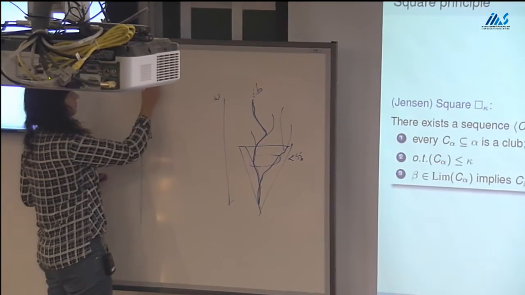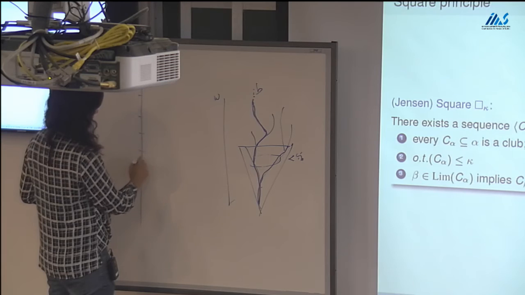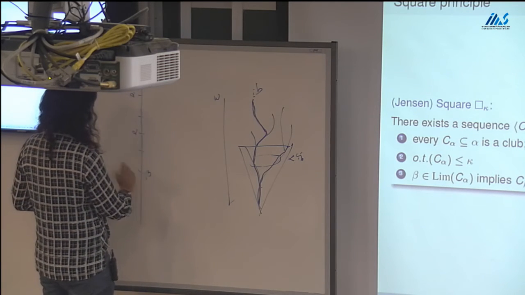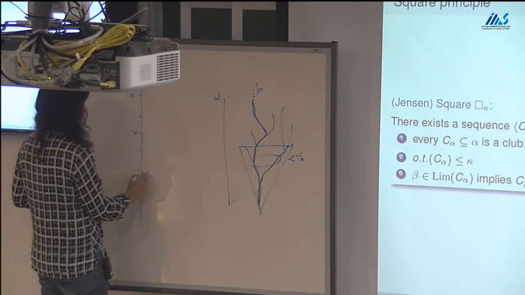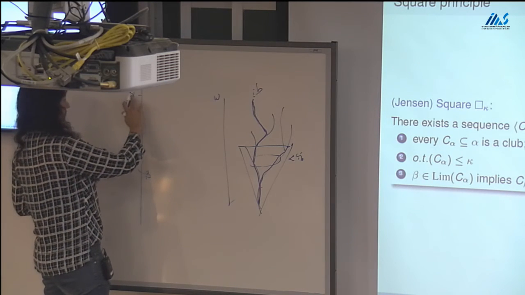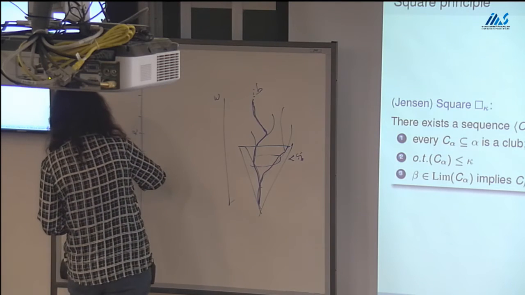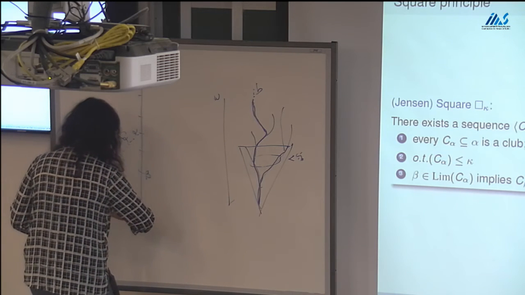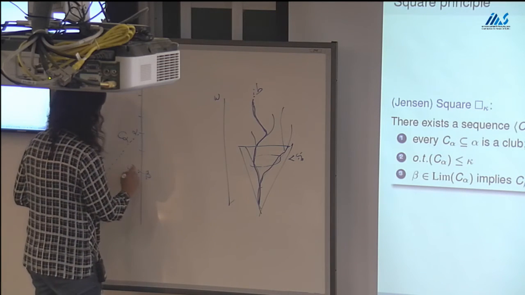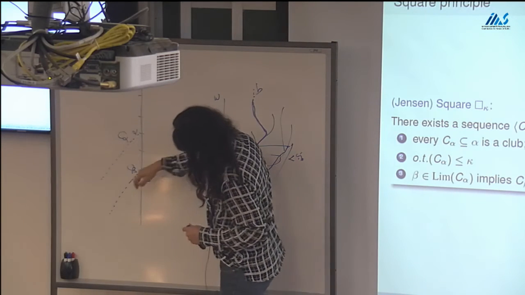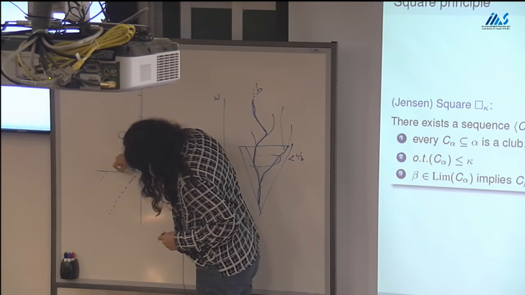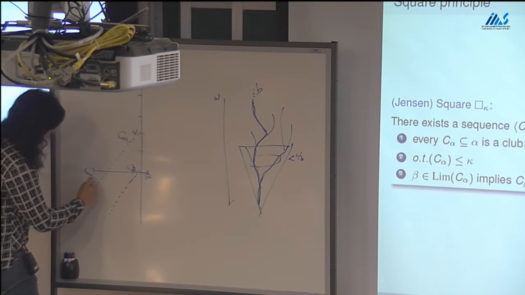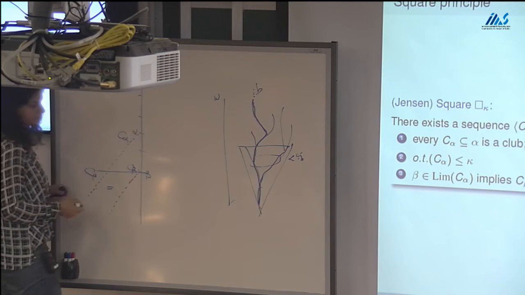Here you have kappa plus. Now for every limit point alpha, or beta, you have clubs through alpha and clubs through beta. And when you consider C alpha intersection beta, then this is exactly C beta.